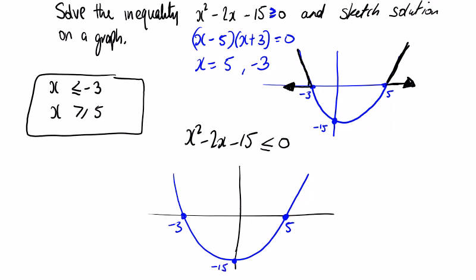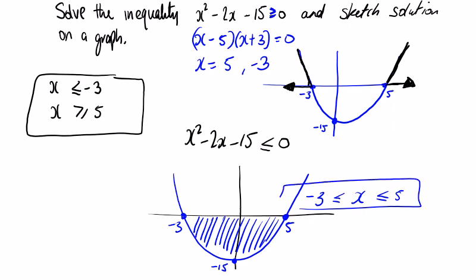So less than or equal to 0 is actually in here, so we'd shade in here. This is my solution, and then we write it as minus 3 less than or equal to x less than or equal to 5. Straightforward enough. Let's look at some other examples.